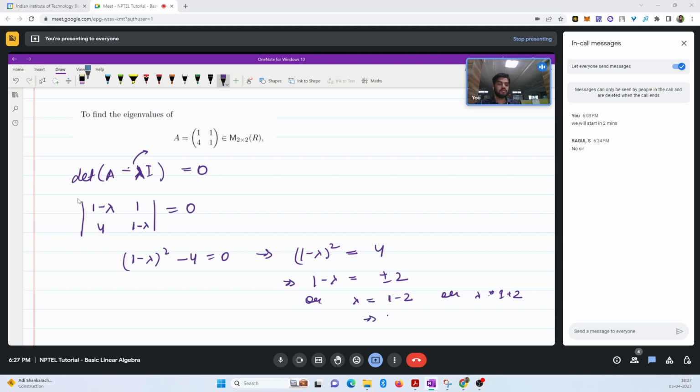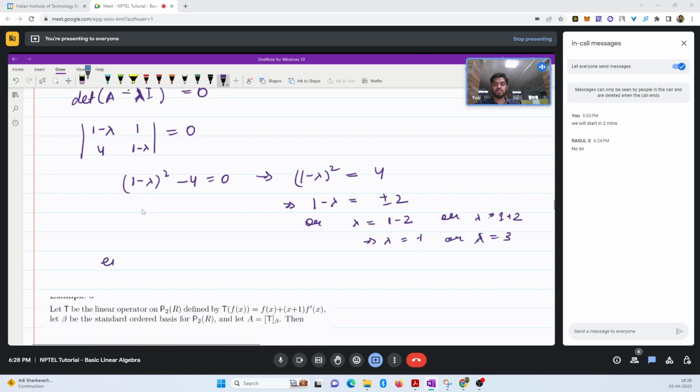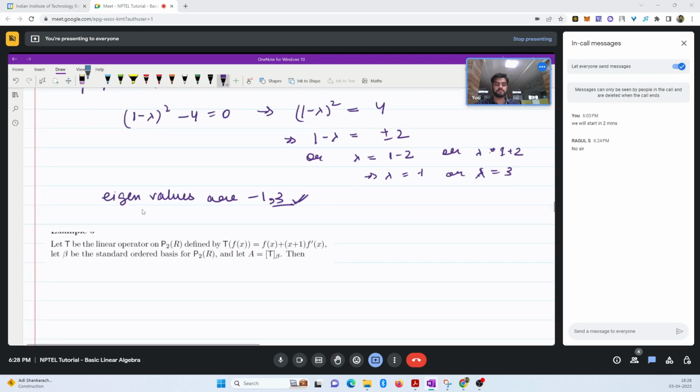So lambda is -1, or lambda is equal to 3. Right, so our eigenvalues are -1, 3.